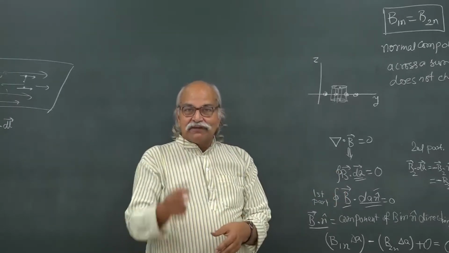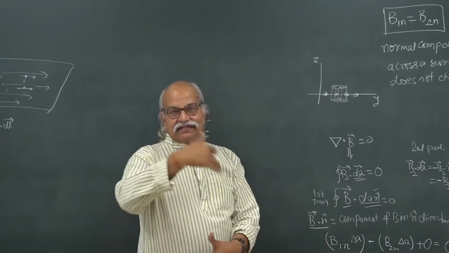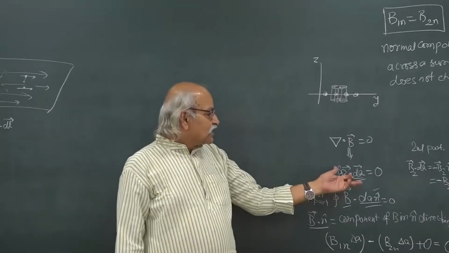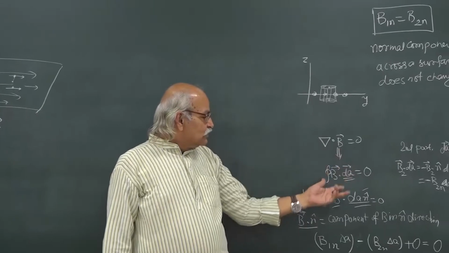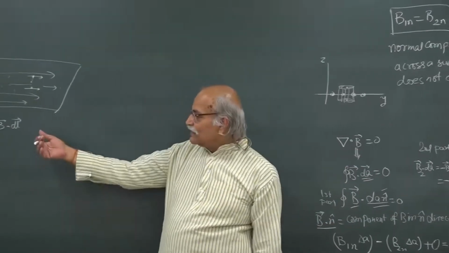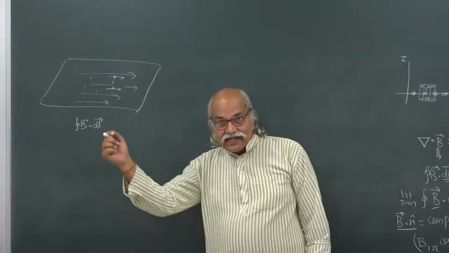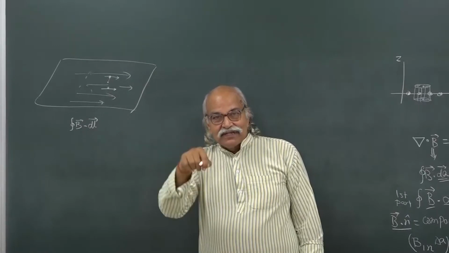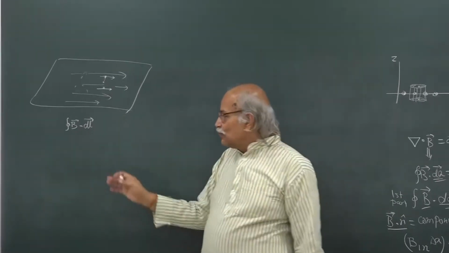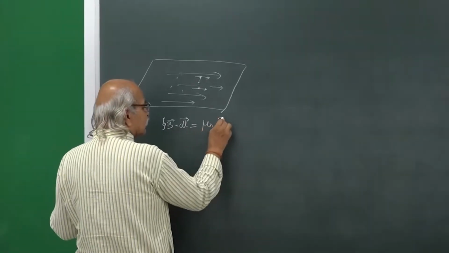We took the example of a cylindrical surface, with a flat surface, another flat surface, and a curved surface. So, that equation is used on a closed surface, and this equation is used on a closed curve. On that curve we do B dot dl, and this is equal to mu naught times the current enclosed.